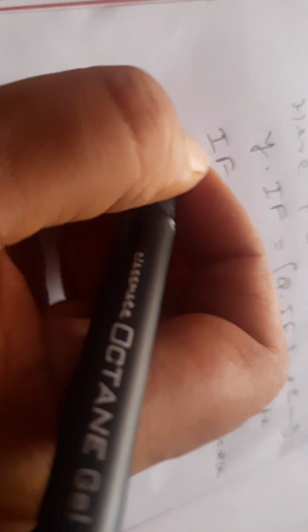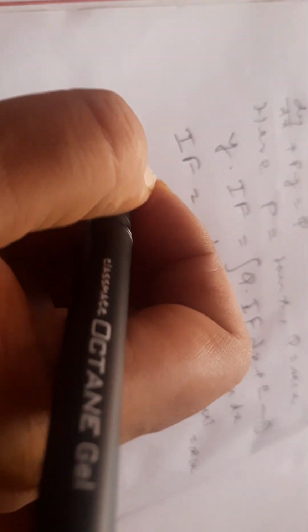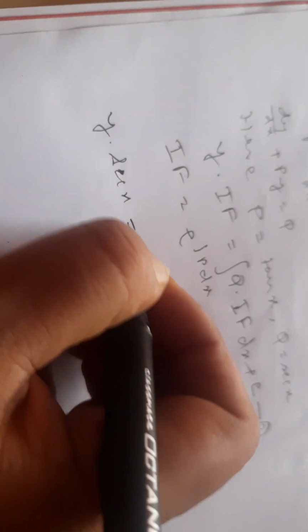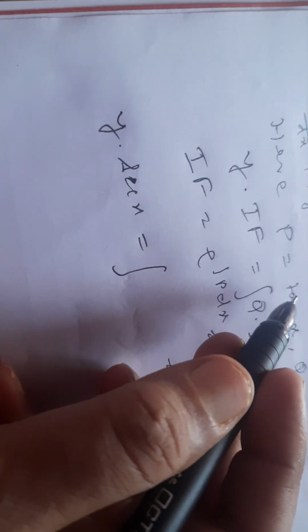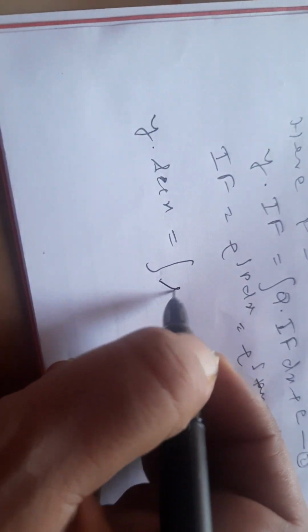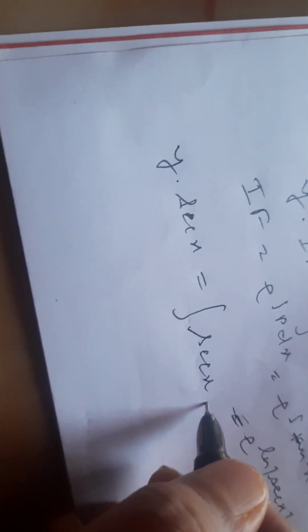Therefore, from solution 2, our solution will be y into sec x equal to the integration of q into the integrating factor. What is q here? q is sec x, so sec x into the integrating factor, which is sec x again, dx plus c.